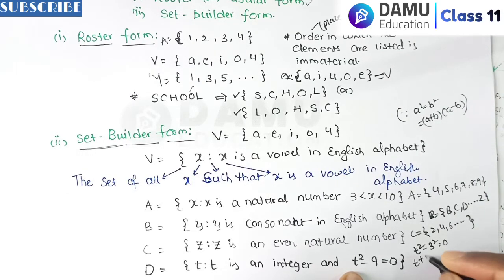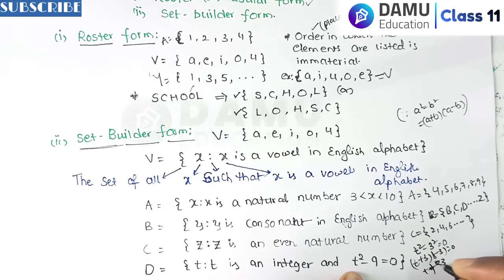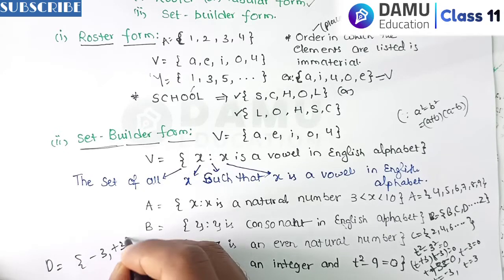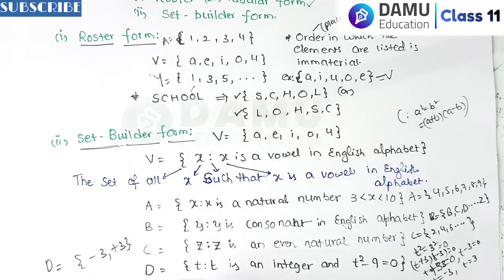So here (t plus 3) into (t minus 3) is equal to 0. So t plus 3 equals 0 and t minus 3 equals 0. Then you can write t equals minus 3 and t equals plus 3. So D will be equal to {minus 3, plus 3}. That is the roster form for this.